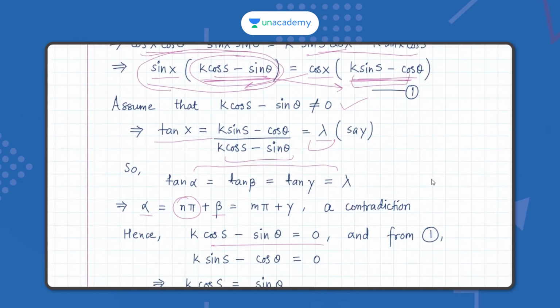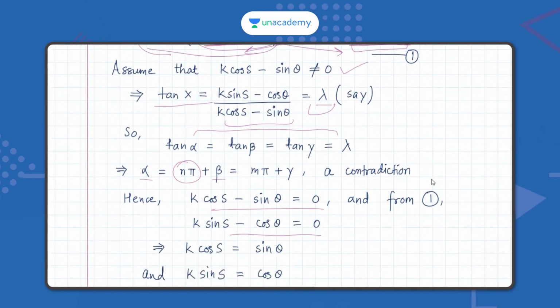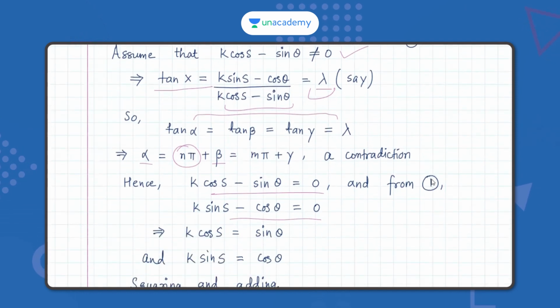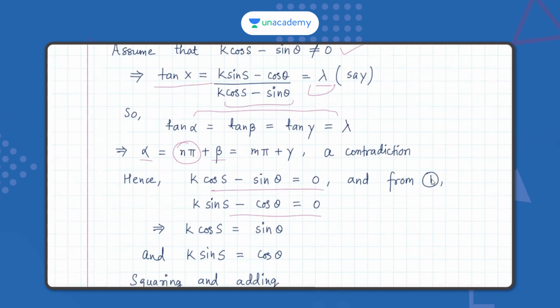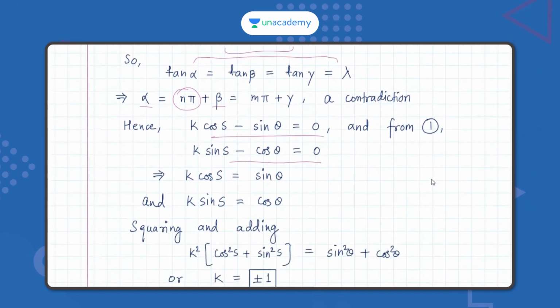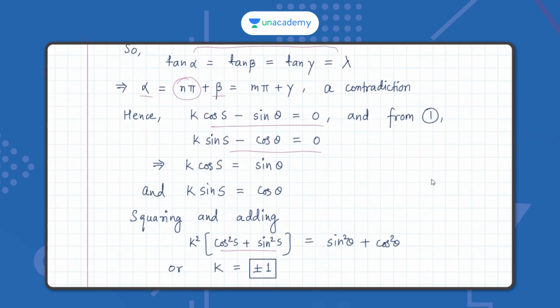Now, we have written k sin s minus cos theta is equal to 0. So basically now we get k cos s is equal to sin theta, k sin s is equal to cos theta. Squaring and adding, we get k square into cos square s plus sin square s is equal to sin square theta plus cos square theta. So k square is equal to 1, or k is equal to plus or minus 1.